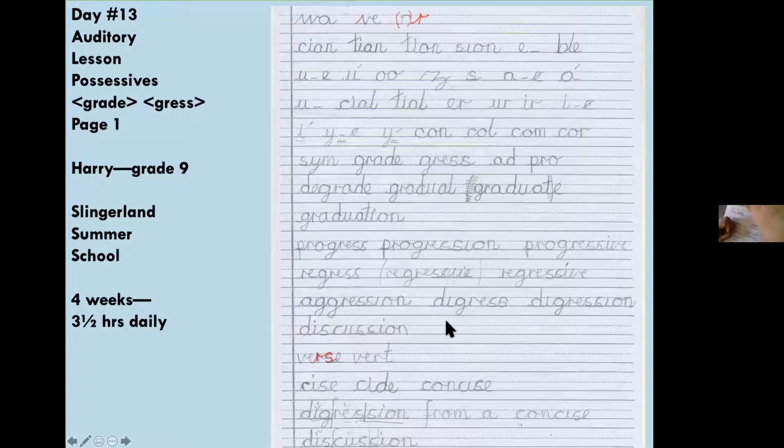CUSS was a base that they had learned previously, but to think about a discussion as shaking, if you think of dis as away or apart, shaking ideas apart in a discussion. It's kind of what happens. So we had a little trouble with that connection. Anyway, the idea here is that we're integrating the morphology, which would be the semantics, with the spelling and the phonology.